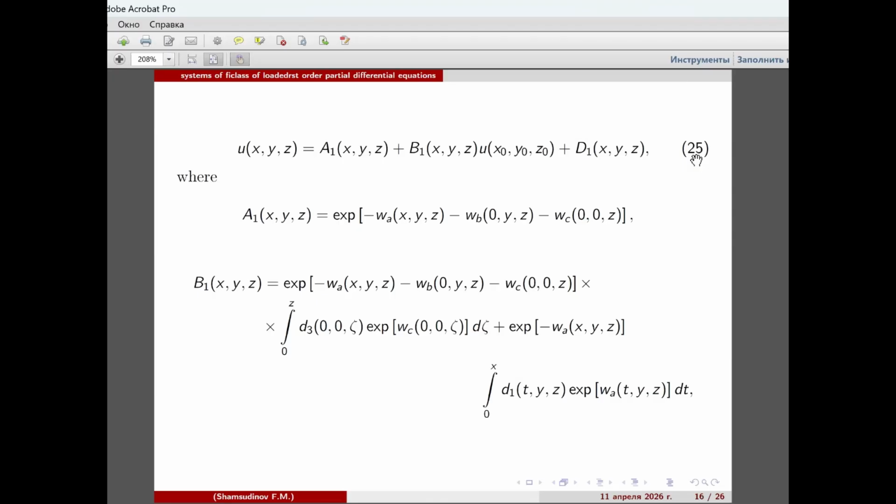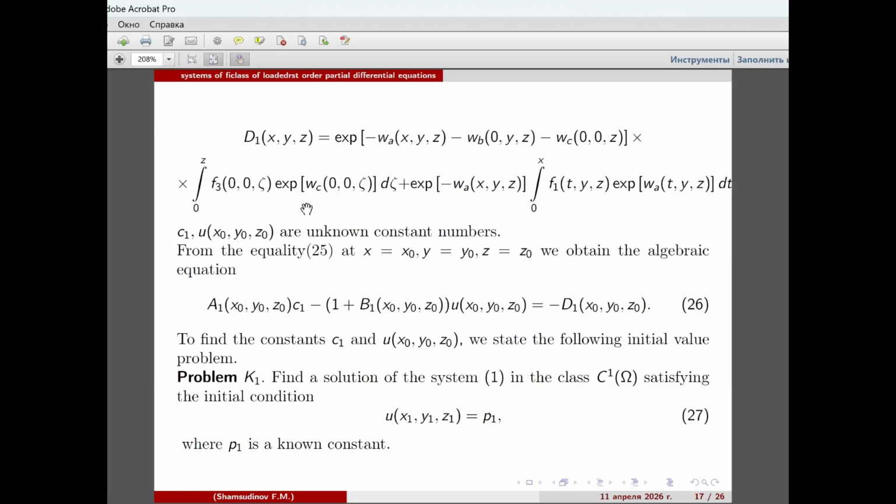25, where R_1(x,y,z) equals, B_1(x,y,z) equals, D_1(x,y,z) equals, and c_1 and u(x0,y0,z0) are known constant numbers.